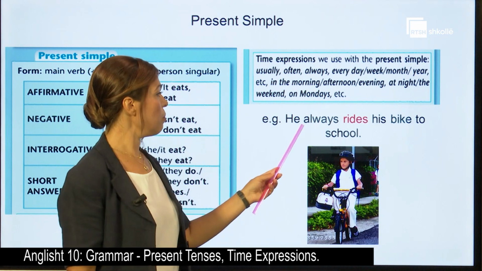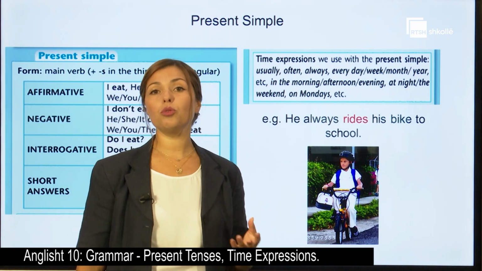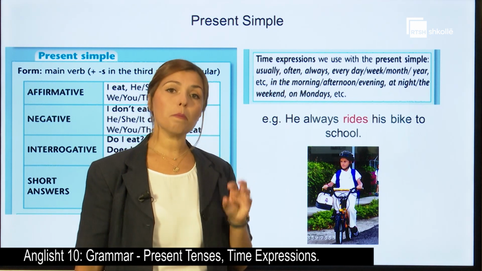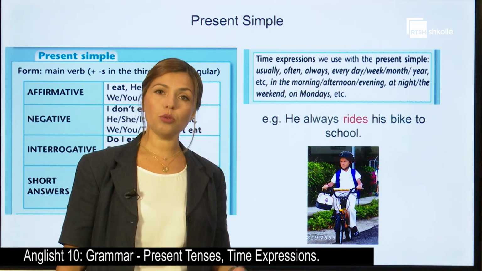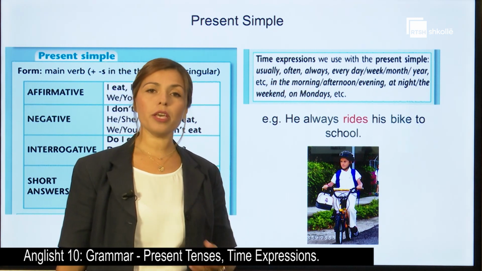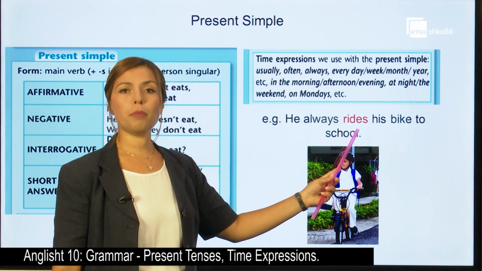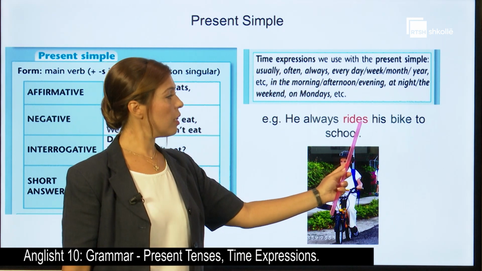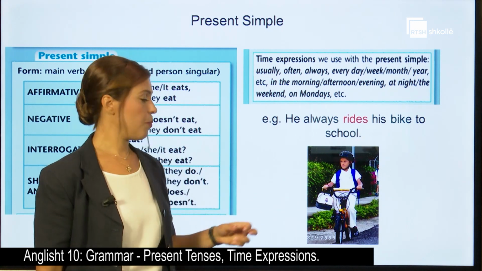So we have the time expression always. This is something that you do as a routine, and that is the main use of the present simple. As a routine, every day, every week, always. And our verb, simple verb, with an S. He rides his bike to school.